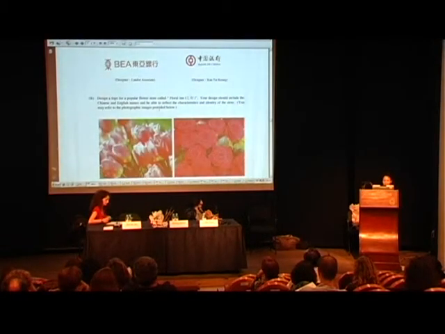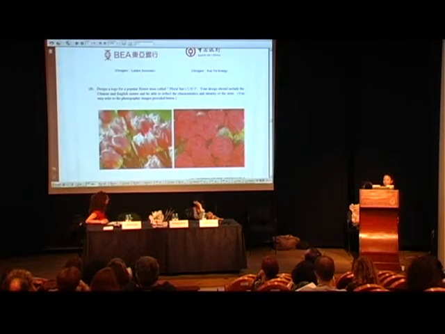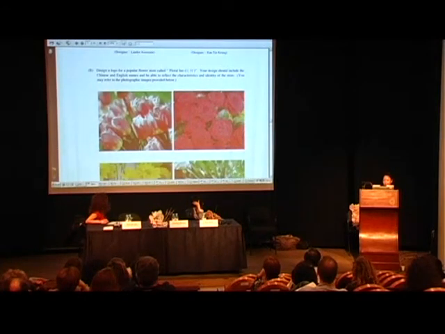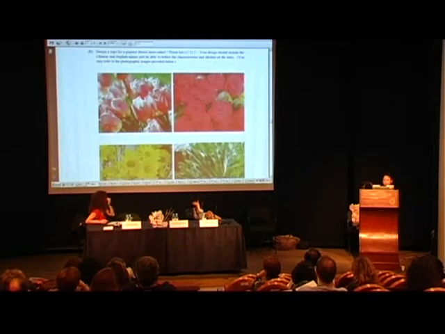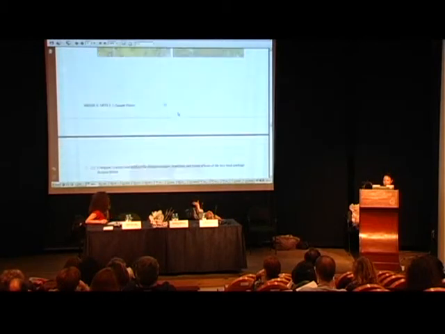Then they are asked to design a logo for a popular flower store called Flower Inn. The design is required to include Chinese and English names and be able to reflect the characteristics and identity of the store. And then they can refer to the photographs below as the images.